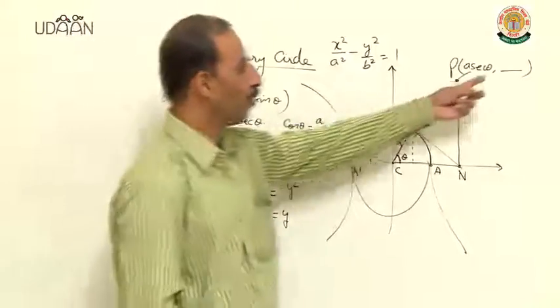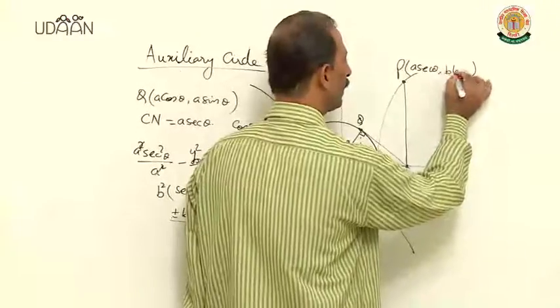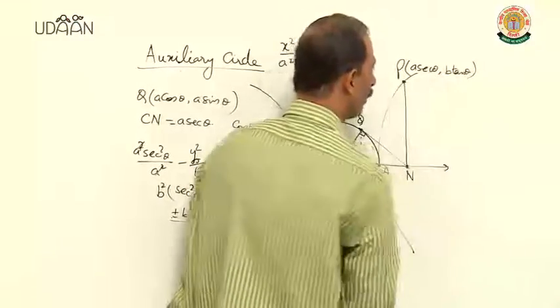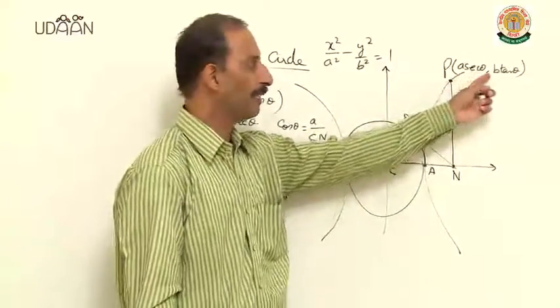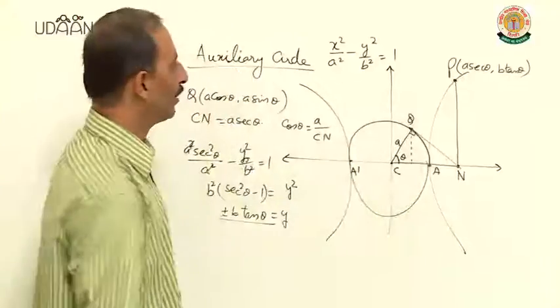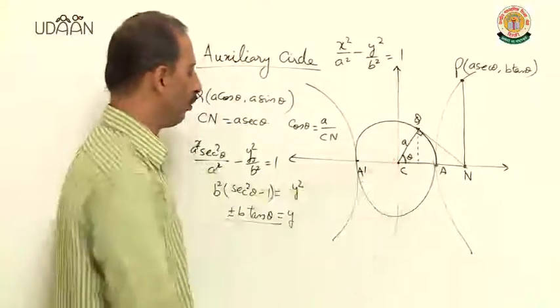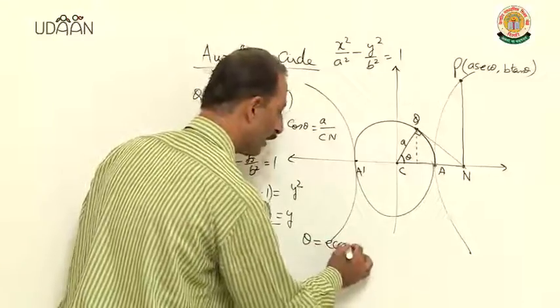This is a positive coordinate, so we take b tan theta. So this coordinate P, a sec theta, b tan theta, is known as the parametric coordinates. Theta is the parameter, and this angle theta is known as the eccentric angle. We call it the eccentric angle.